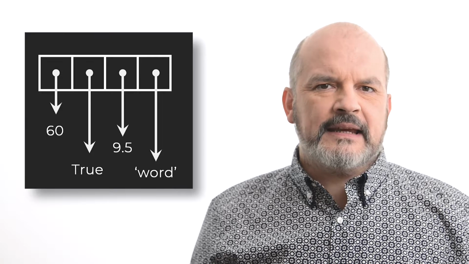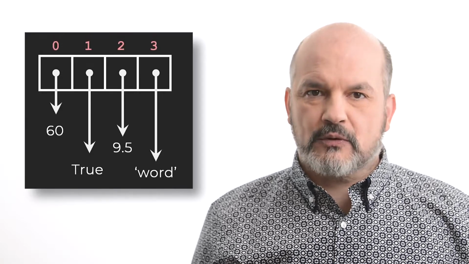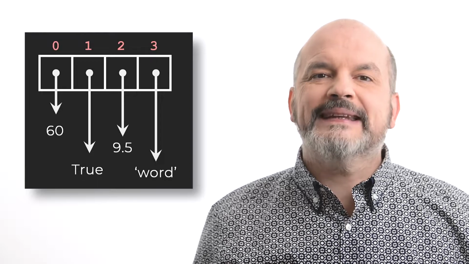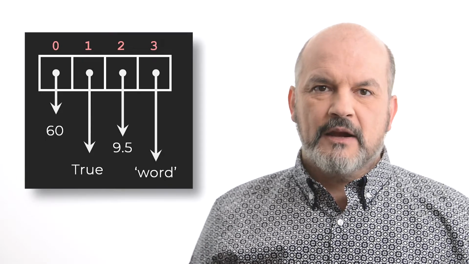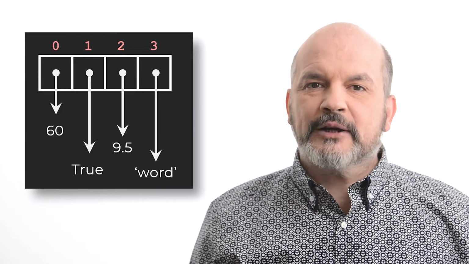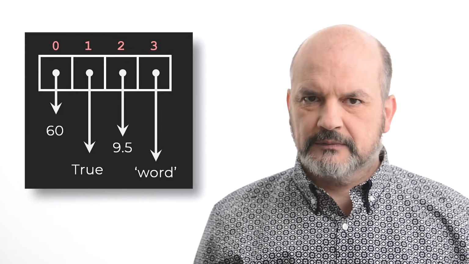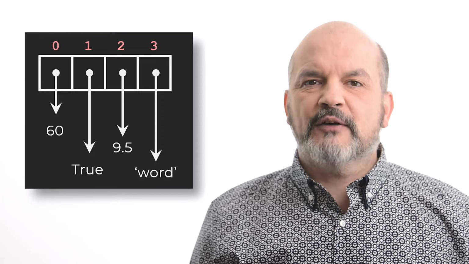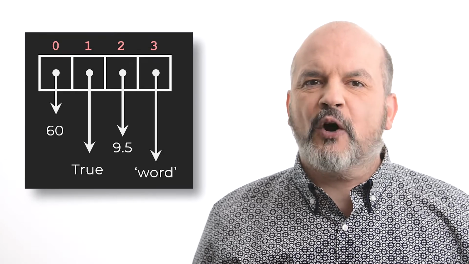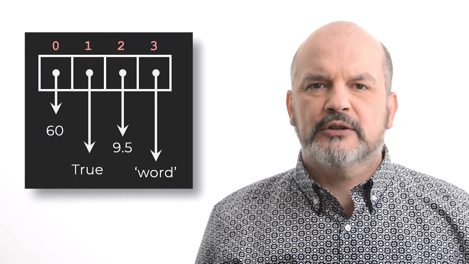The list indexing starts at 0. So the first element is at position 0 or index 0. The last element is at position size of the list minus 1. Be careful. In our example, the size of the list is 4, and the position of the last element is at 4 minus 1, which is 3.